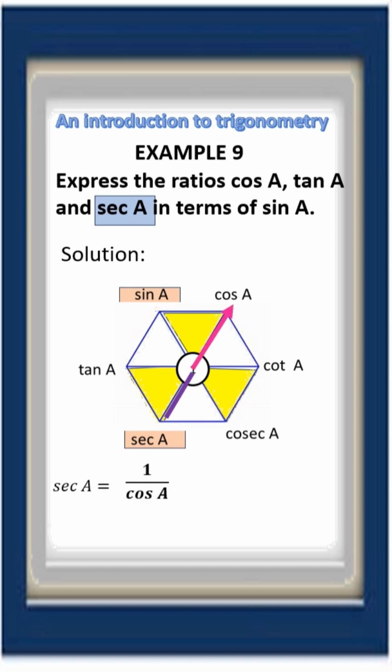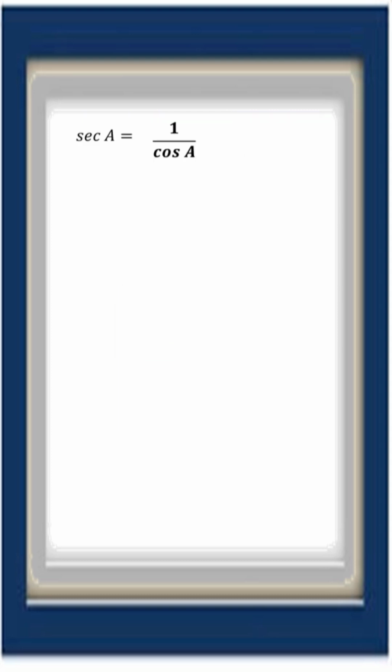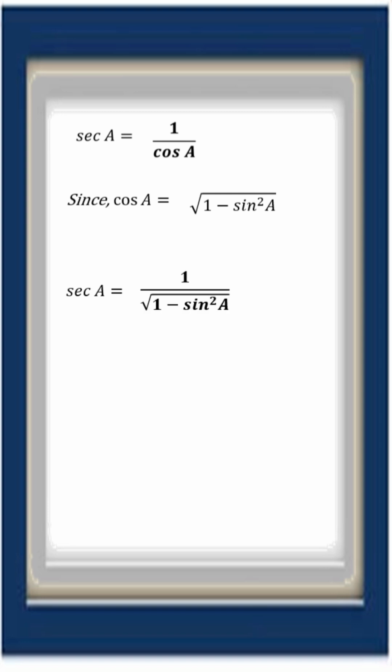We know it from their reciprocal relationship. Cos A is equal to square root of 1 minus sin square A. So now let us substitute square root of 1 minus sin square A instead of cos A. So secant A is equal to 1 over square root of 1 minus sin square A. It is the answer.